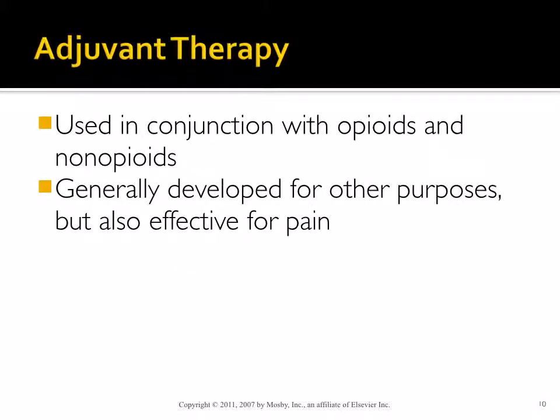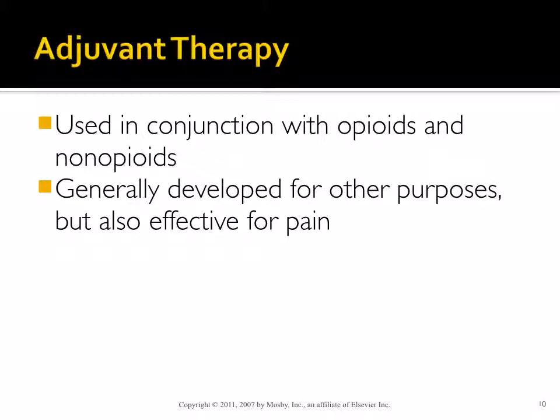Adjuvant therapy. Adjuvant therapy is used when we are giving chronic pain patients, usually in chronic pain such as cancer pain, these pain medications, and the pain is not being controlled. So what can we do now?